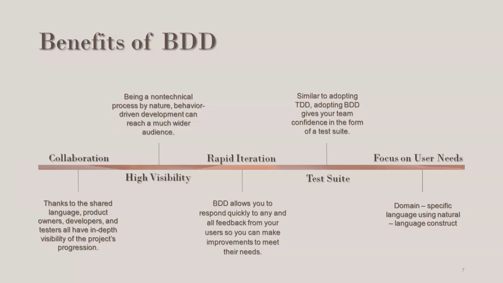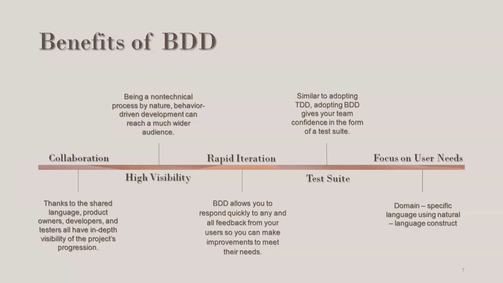After analyzing, then rapid iterations. BDD allows us to respond quickly to any and all feedback from our users so we can make improvements to meet their needs, which will create rapid iterations. These contents will be delivered in small pieces, and once the small thing is built, that will go for testing, and the testing team will test it.